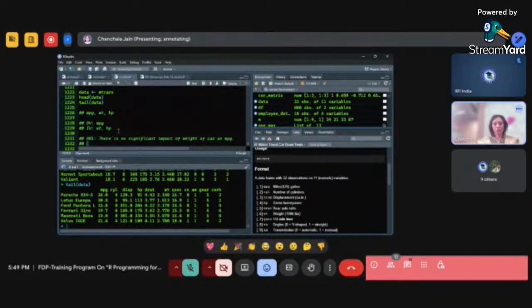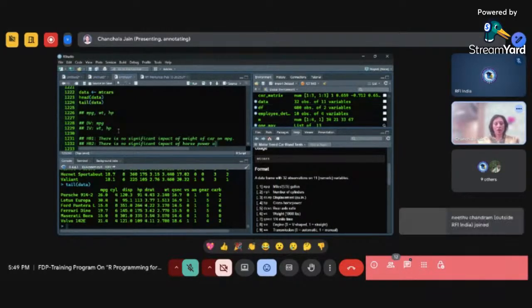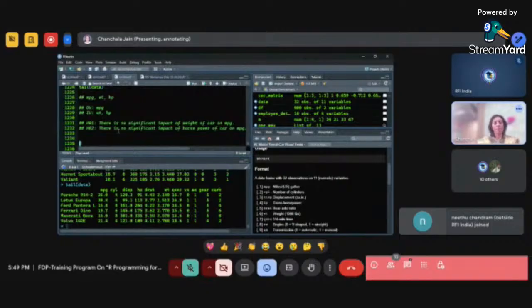So second I am writing, there is no significant impact of horsepower of car on MPG. Right? Fine.